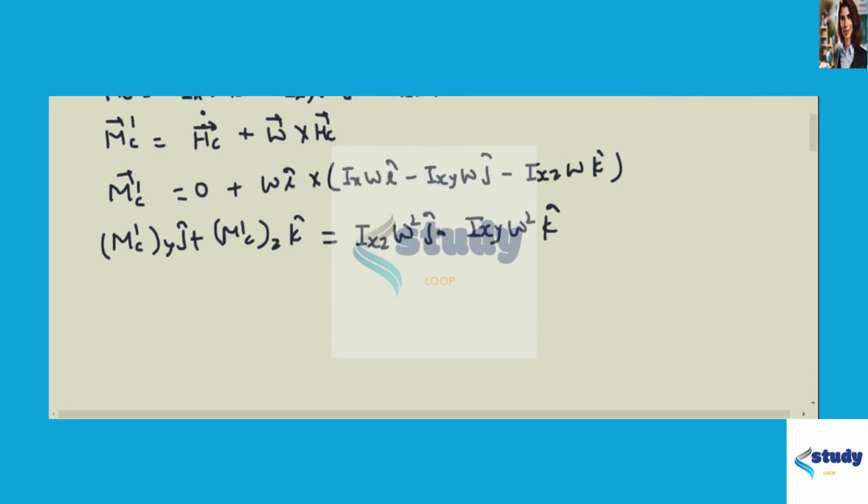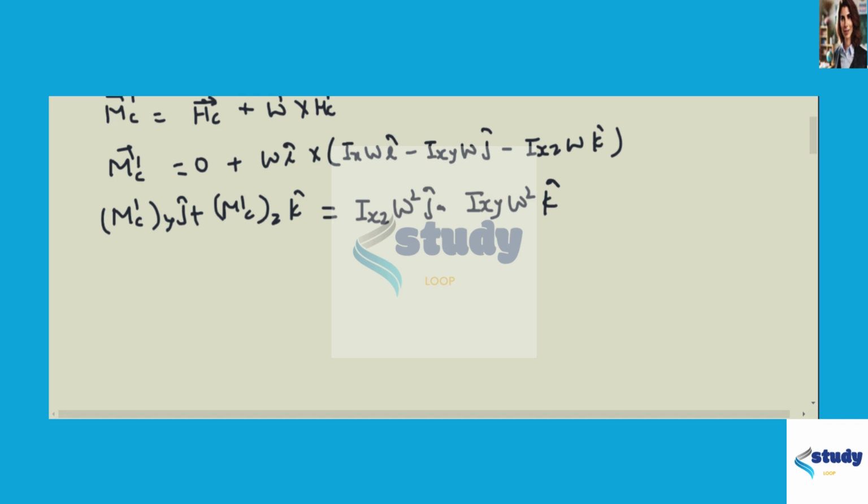So from this equation you may write the product of inertia Ixy equals minus M dash C z upon omega square, M dash C z is minus 14.7 upon omega square, 78.54 square.